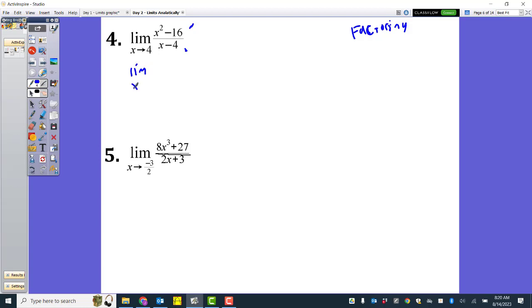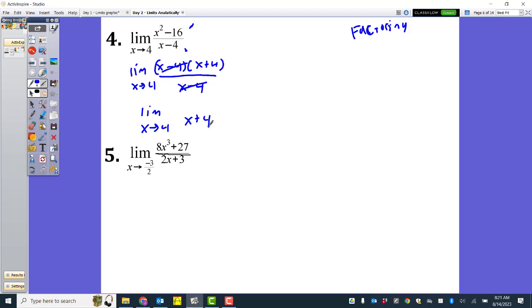We have limit as x approaches 4 of x squared minus 16, which factors into x minus 4 times x plus 4, all over x minus 4. Cancel the x minus 4s, and we're left with limit as x approaches 4 of x plus 4.